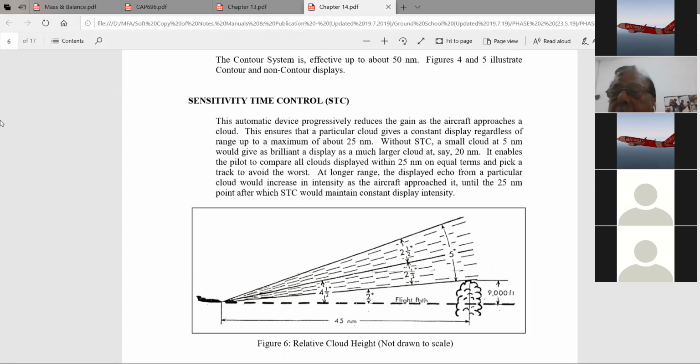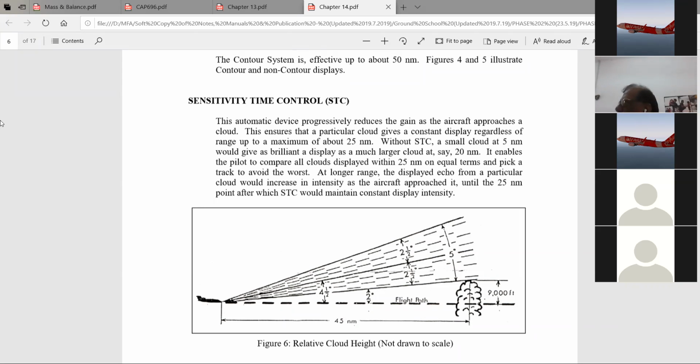Flight level 340. Adit, can you give me the answer, please? You do the calculation now. You're the only person I can see on the screen. Try.